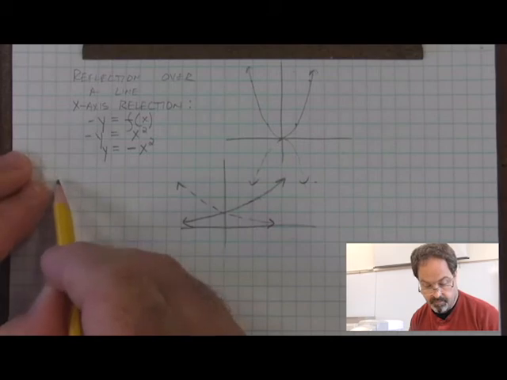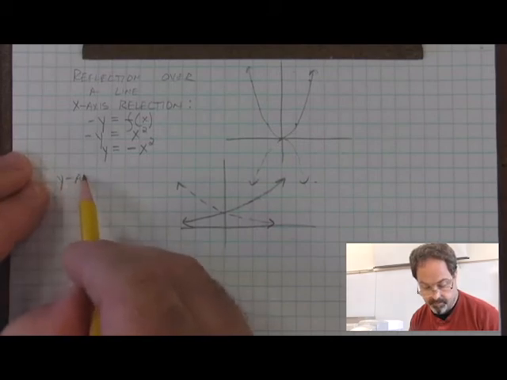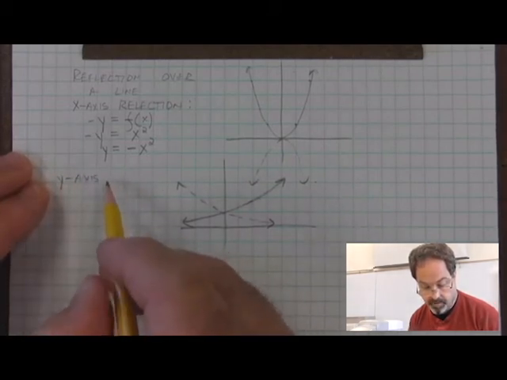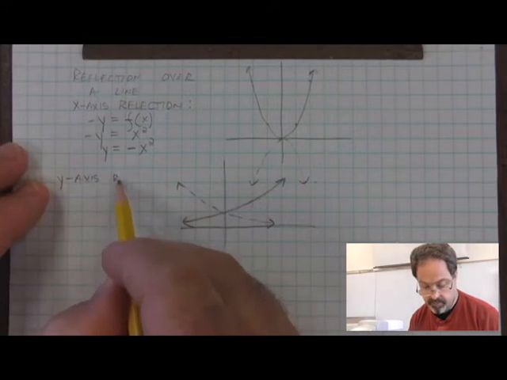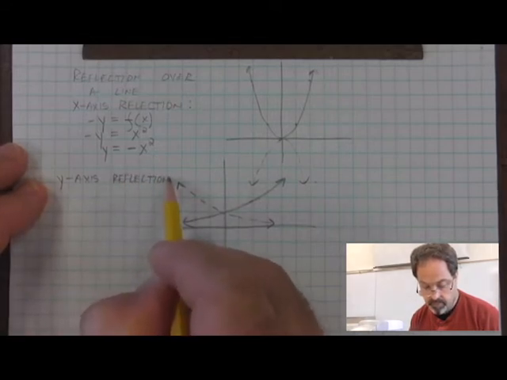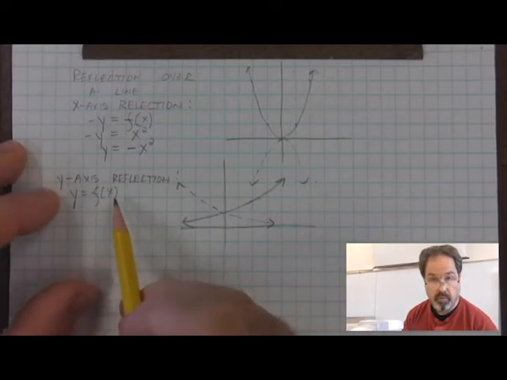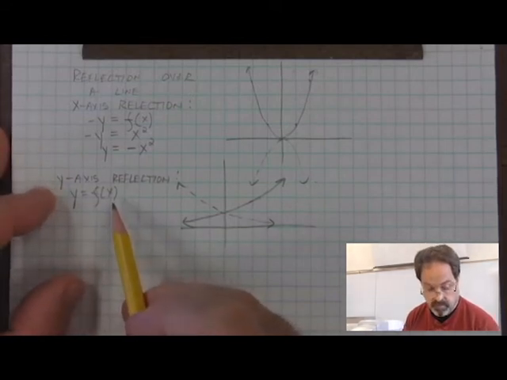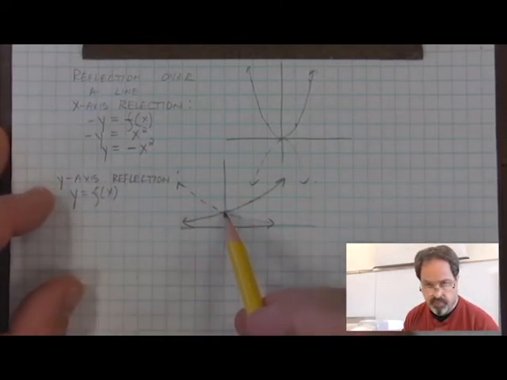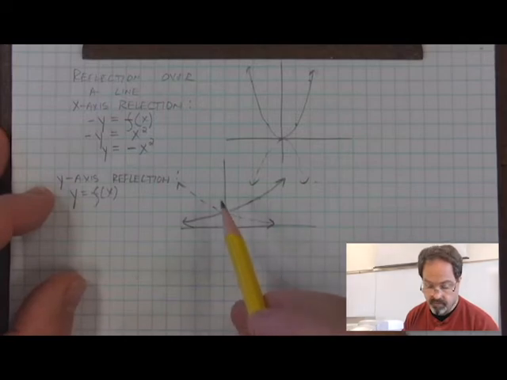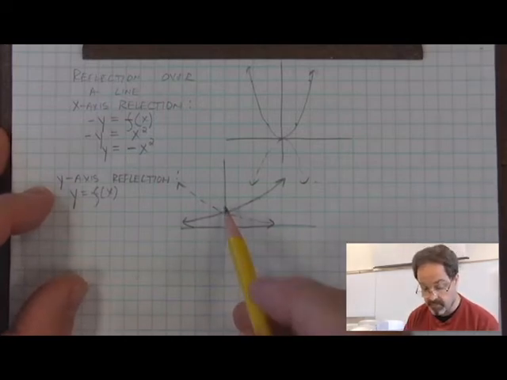How is that done mathematically? What we're talking about is a y-axis reflection. In general, we could use the equation y is equal to f of x to represent all functions. And there's a counterintuitive thought: if I want to reflect across the y-axis, I make x negative.